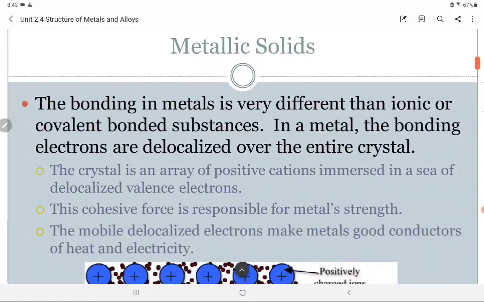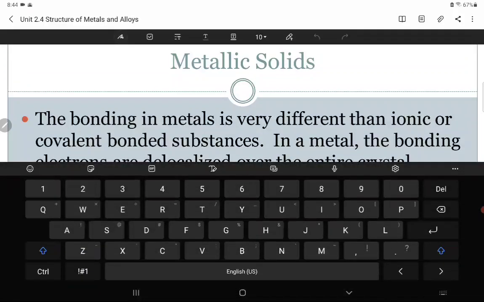So I think metals are generally solids. We have mercury, that's a liquid, but other than that, they are definitely solids. And they're not quite the same lattice structure that ionic compounds are, okay?